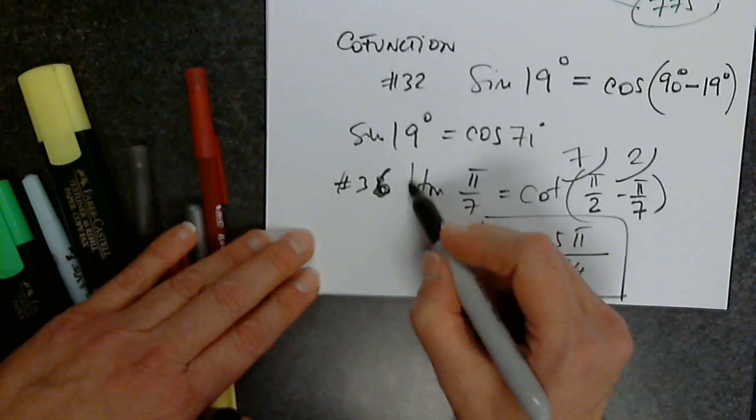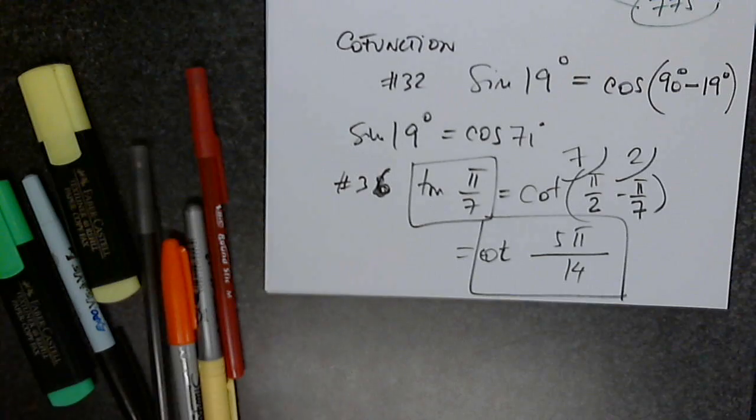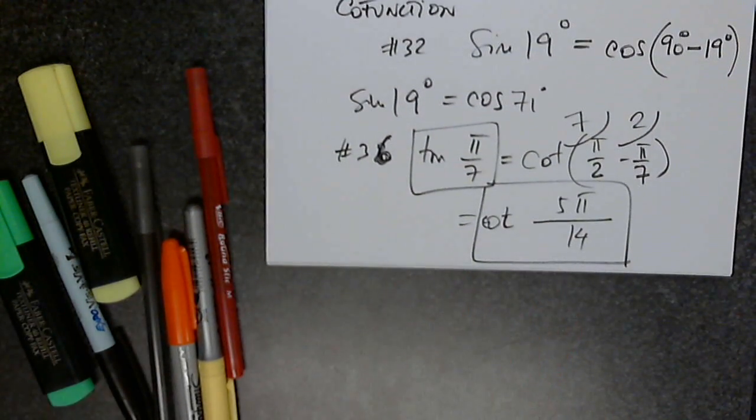So if you punch it in the calculator, let's do that just for the sake of the argument. I just want to show you how to verify. So what should the mode be in? Yes, make sure it's in radians because that's what we are going to punch in. Okay.